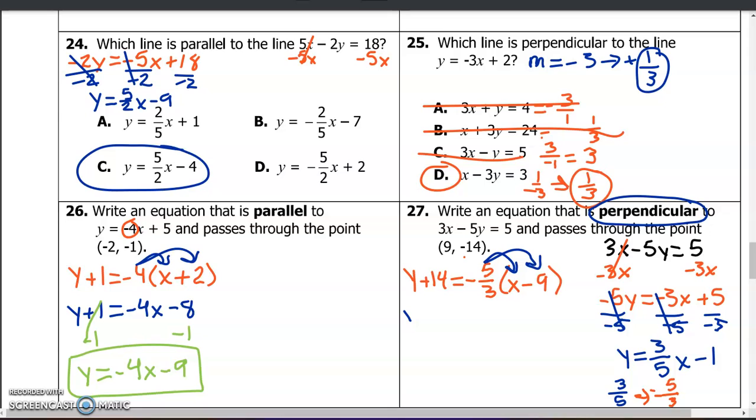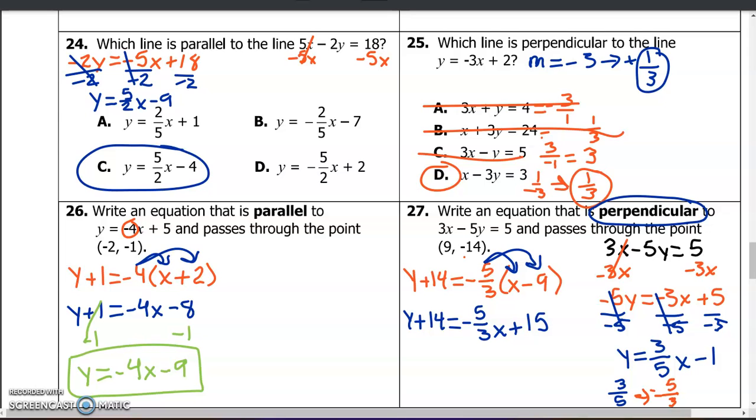I'm going to bring down y plus 14 because, again, I don't want to mess with two sides at once. So I get -5/3 x. And then -9 times -5/3. So it's going to become positive. Then 9 times 5 is 45. 45 divided by 3 is 15.